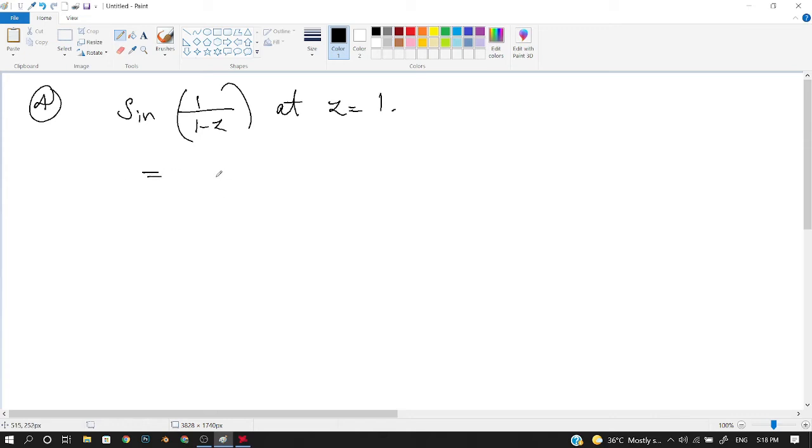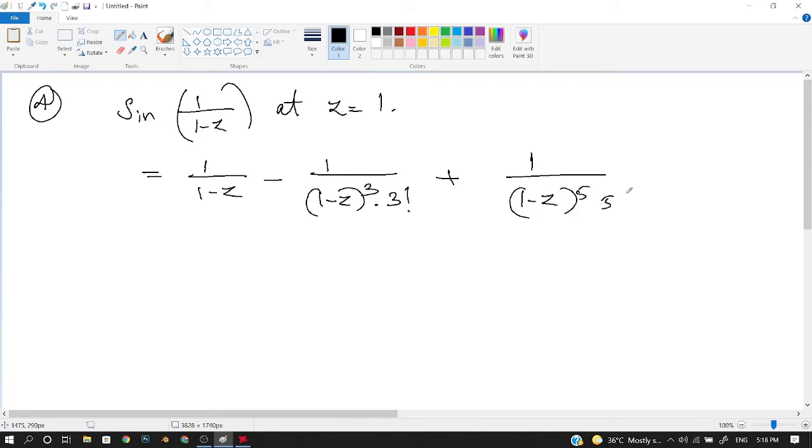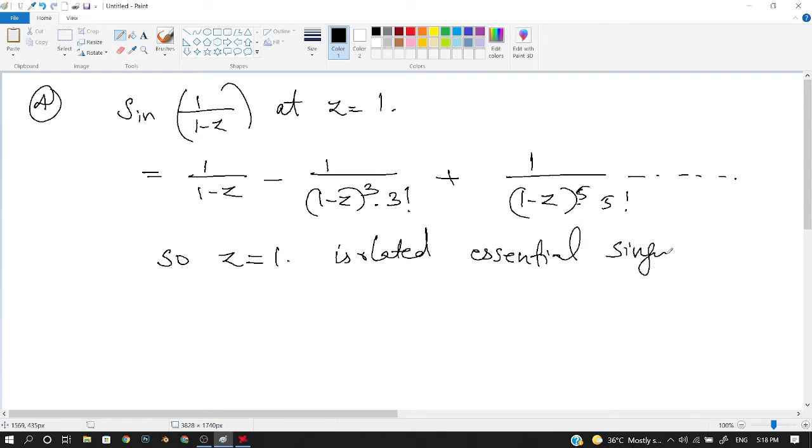Here you can expand this using the expansion of sin z: z minus z cube by 3 factorial plus z raised to 5 by 5 factorial minus etc. So here we can see that z equal to 1 is an isolated essential singularity. Why? Because the principal part contains infinite powers of 1 by 1 minus z.